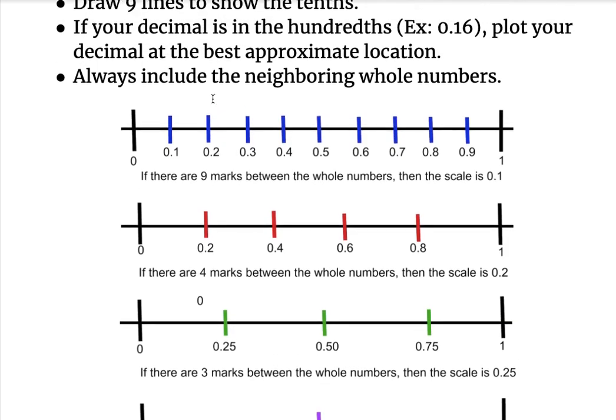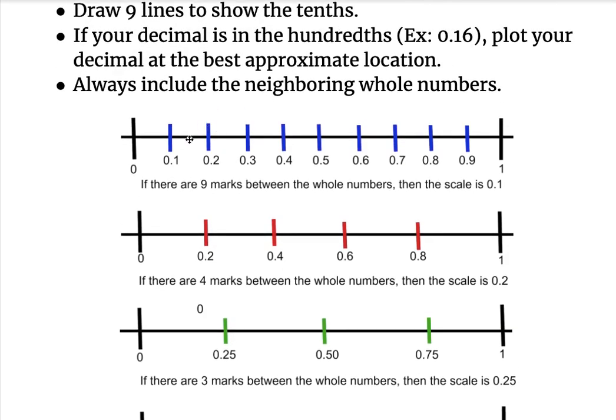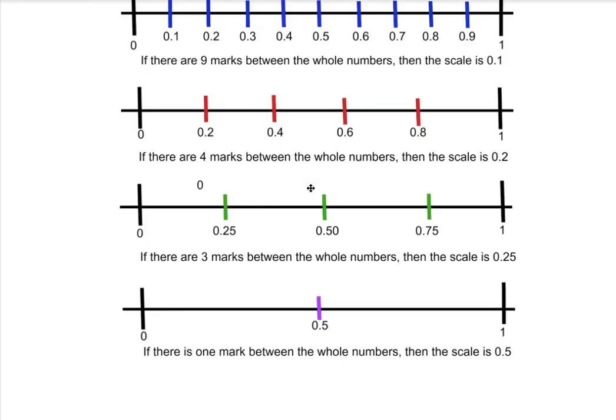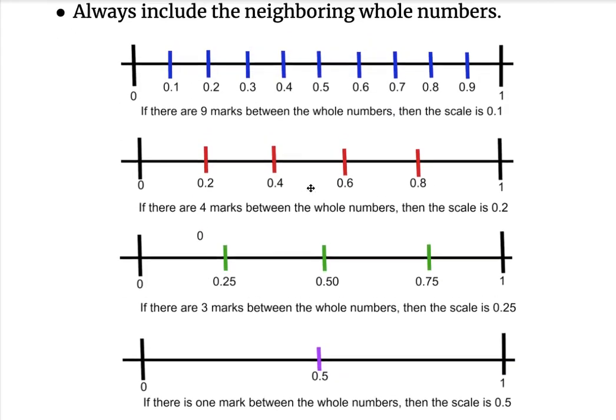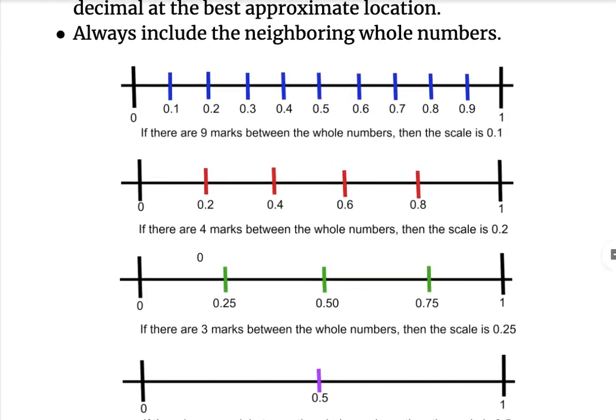Just like for the 0.16, there is a half in between here, the 0.15, so that's how we knew that the 0.16 is just a little bit over. Okay, so those are the different ways that you can plot your decimals on the number line. Make sure that you go back and have this in your notes before we move on to examples.